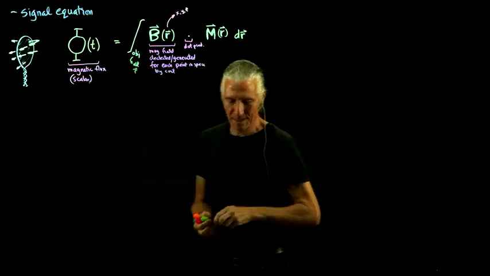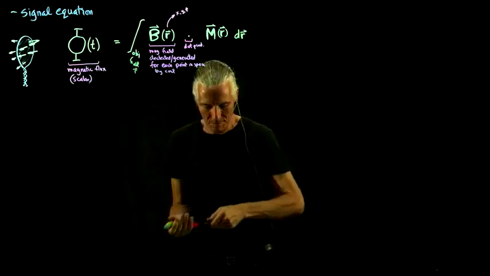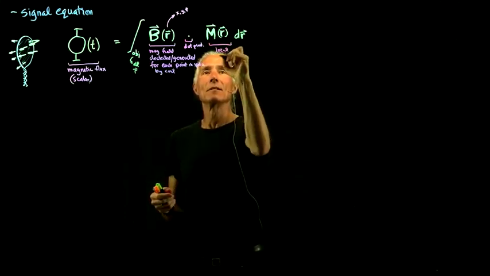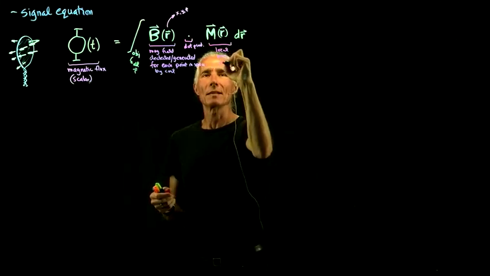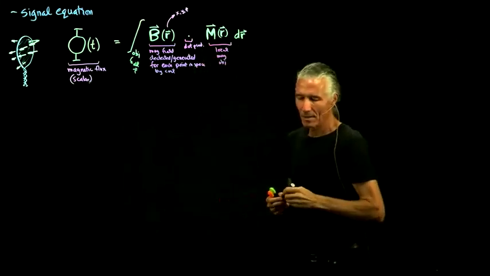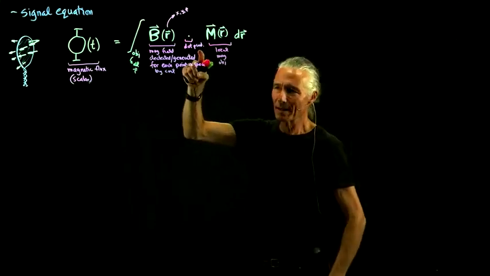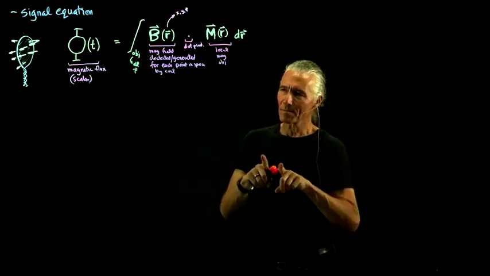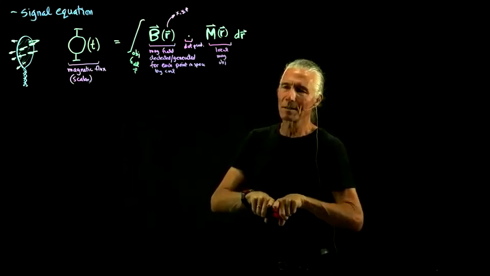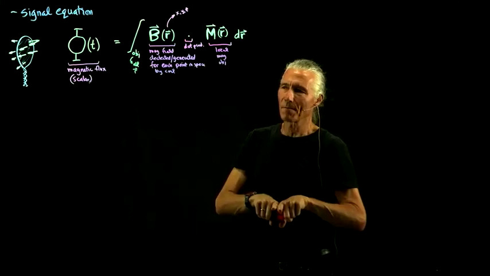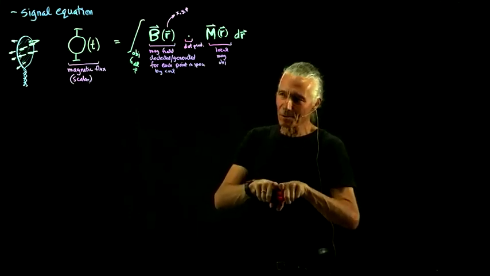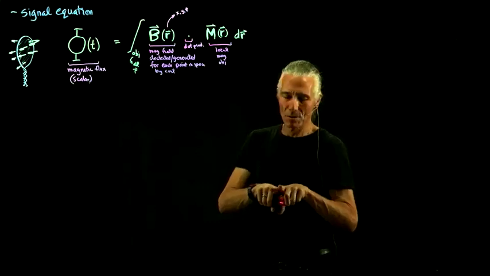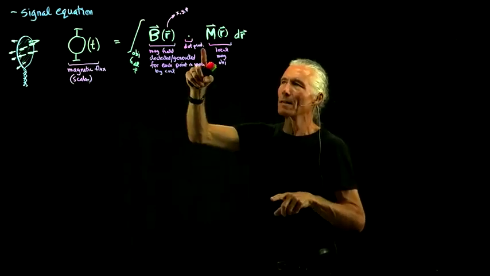So what is this? This is the local magnetization of the object. And what is a dot product? A dot product is like the cosine. When the angle between two vectors is small, the cosine is large. That's when the cosine is the largest. So two vectors that are very similar in direction have a large number.